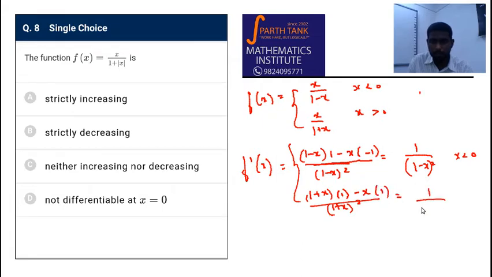So it again becomes 1 by 1 plus x, the whole square, for x greater than 0. Now you see, both these are positive numbers, right? This is a square, this is also a square. Both are positive, which means f dash is positive throughout, whether x is less than 0 or x is greater than 0. Okay? Therefore, it is strictly increasing.